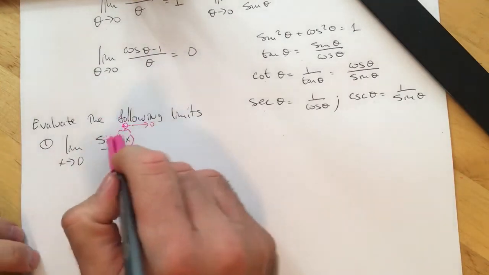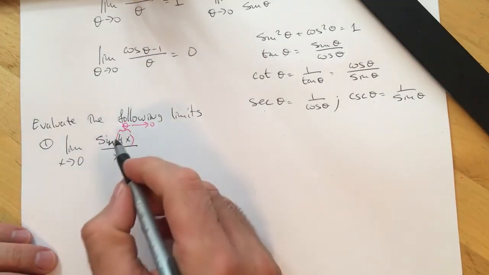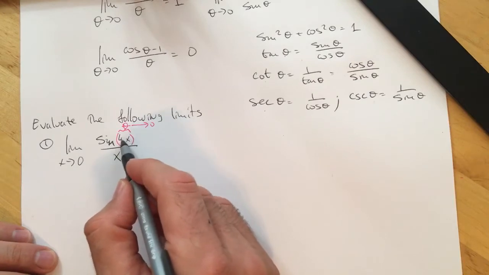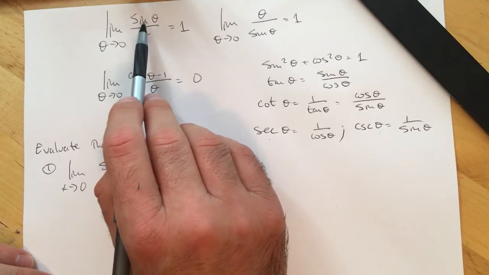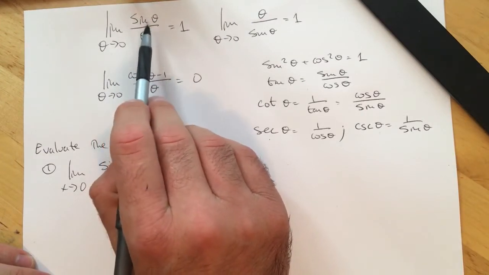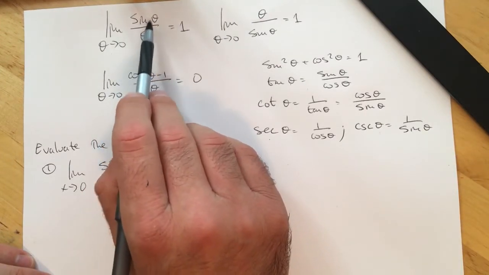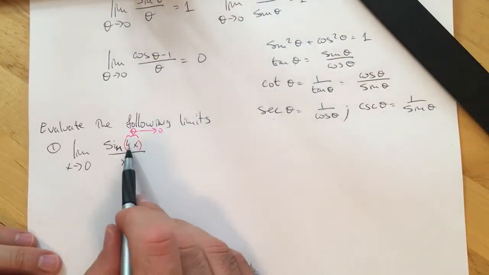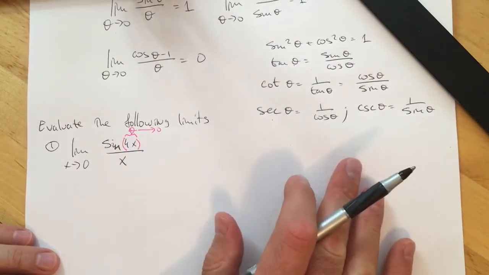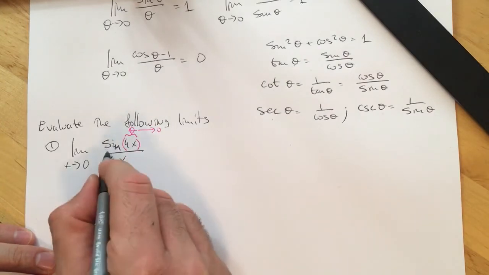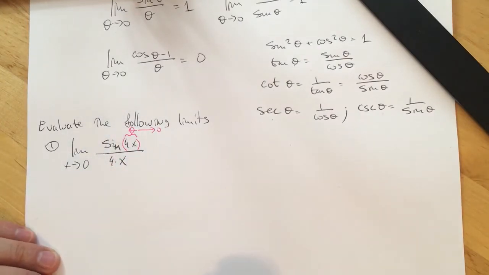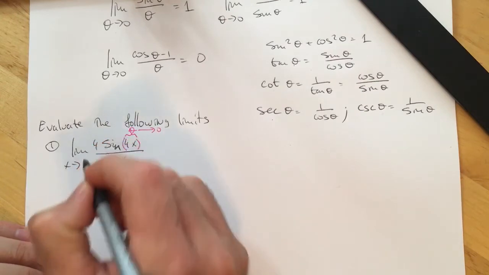So theta is 4x, and I have to divide it by the same value in order to be able to use this limit, because I want sine of theta over theta, sine of this angle over the same angle as the angle shrinks to 0. So what is my angle? It's 4x. Always first identify the angle. In order to get 4x, I simply multiply the denominator by 4, and in order to get the same value of the expression, I need to multiply the numerator by 4.